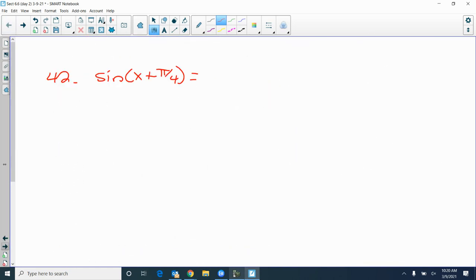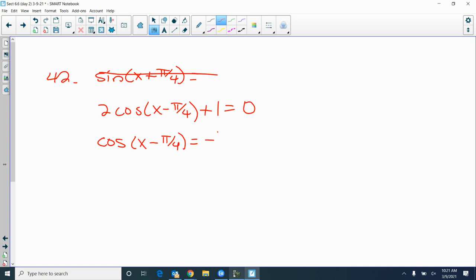What is it, Aubrey? 2 cosine of x minus pi over 4 plus 1 equals 0? Yeah. Whatever, I had a pi over 4. I got that right. I had a pi over 4 in it. Cosine x minus pi over 4 equals negative a half.